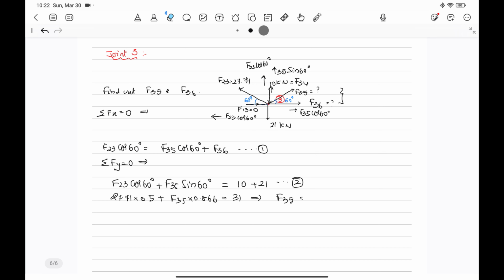There is a problem, that's what I am checking. Because in the Y direction, when it is going away from the angle, it should be sine, it cannot be cos. Sine 60.